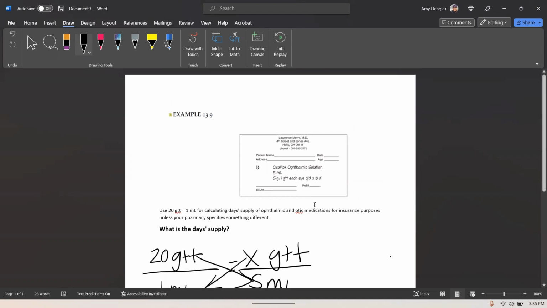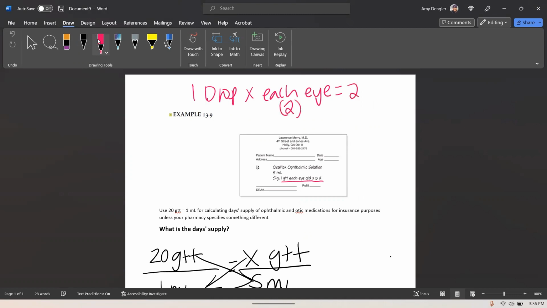Now we need to figure out how many drops they're using to find out the day supply. So they're doing 1 drop, and they're doing that in each eye. So that means they're doing it in 2 eyes, right? So that's 2 drops. And then they're doing that 4 times a day. So 2 times 4 means that they're using 8 drops per day.